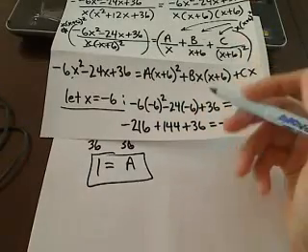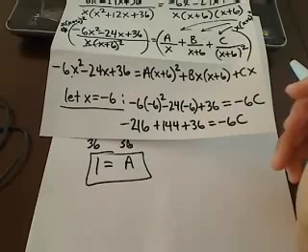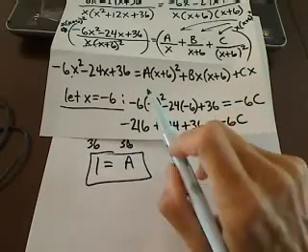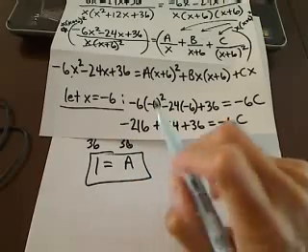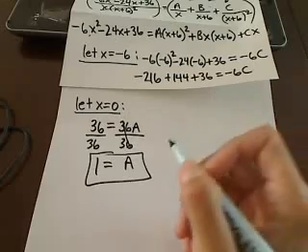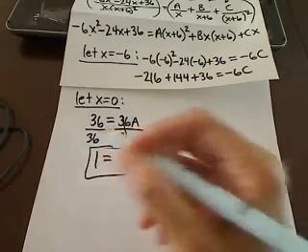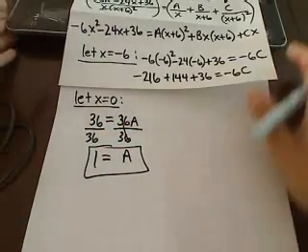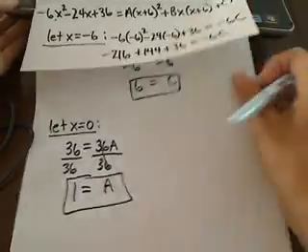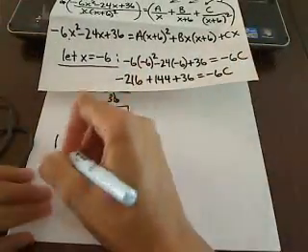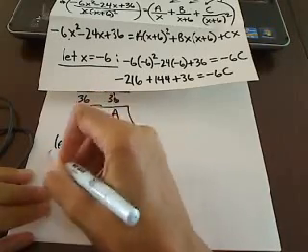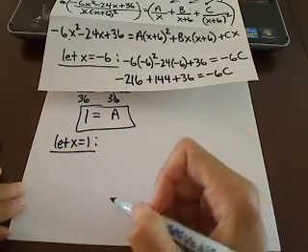So what we can do is just choose any other value for x and plug that in, and then plug in the a and the c values that we found already, and then we'll be able to solve for b. So the easiest thing to let x equal is to let x equal 1. So let's do that.